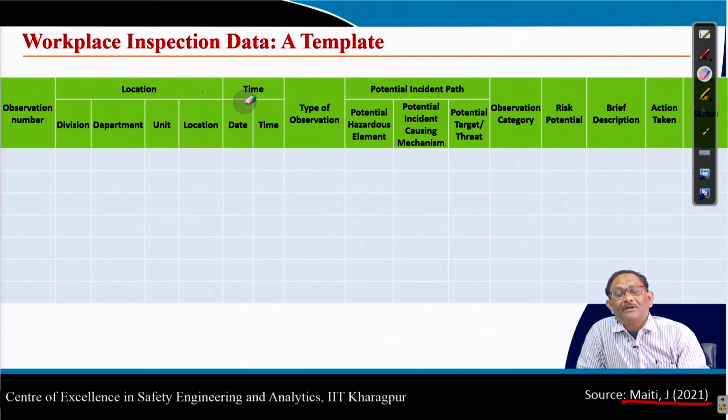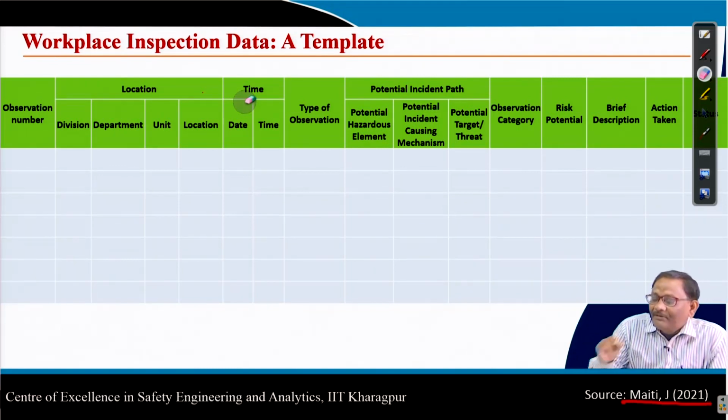Most of the time we think this is not relevant, this is relevant, and that creates a lot of missing data. I will discuss missing data later.